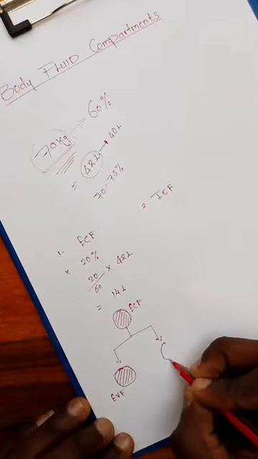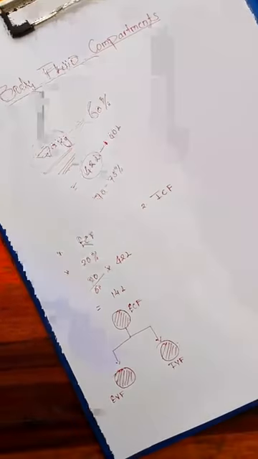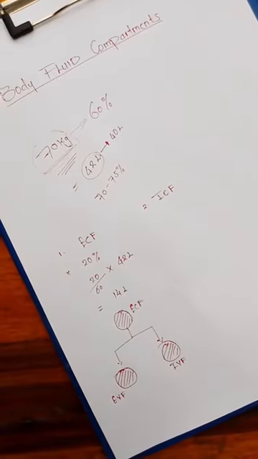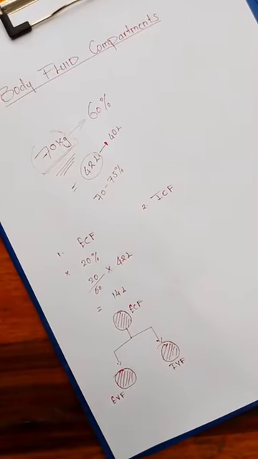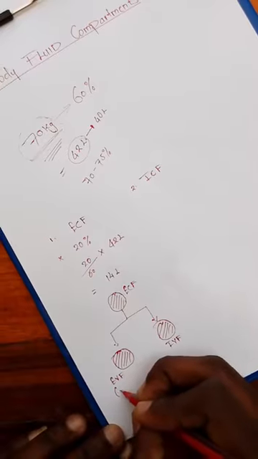The extravascular fluid is basically the fluid found outside the vascular system, which is the blood vessels. Those fluids found outside the blood vessels are known as the interstitial fluid.